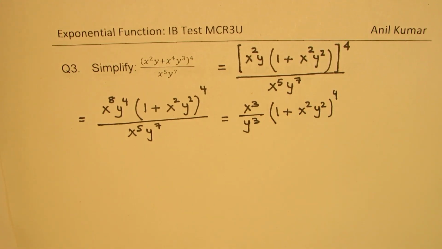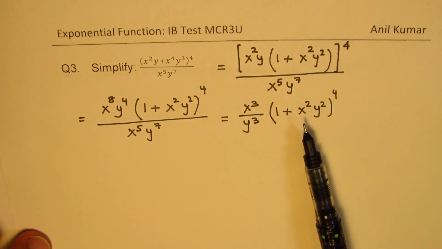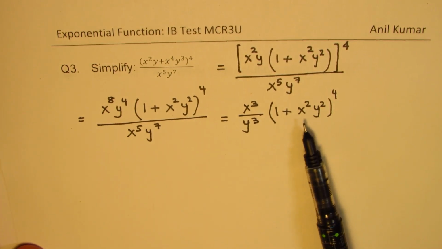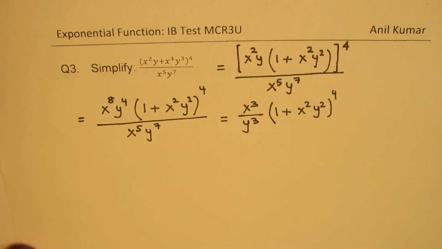Now how do we move further from here? Well, in this case, we can use either binomial expansion, correct? We have two terms here to the power of 4, or we could use Pascal's triangle just to expand this.